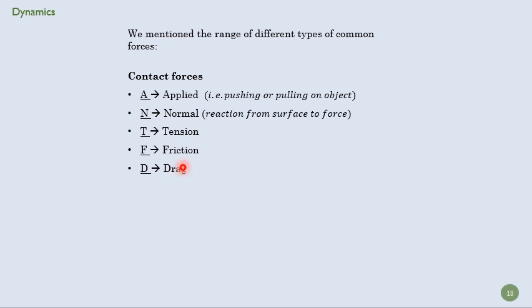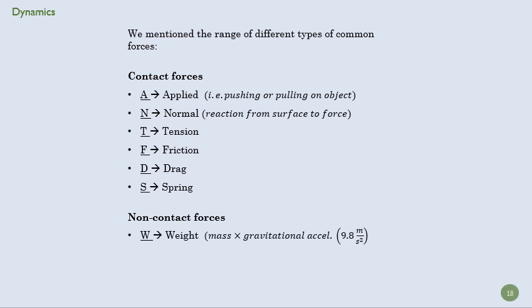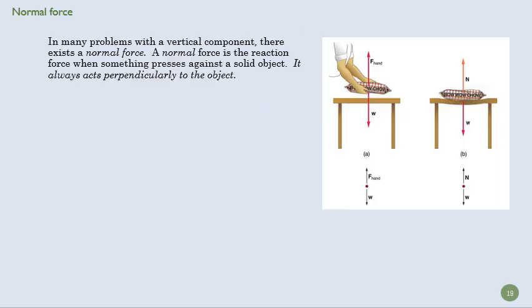These all involve contact between one object and another material. In this case, that material is water or air, but it's still a material. And then we have spring forces. And then we have a set of non-contact forces, such as weight force and electromagnetic force. We'll deal with this in 152. Everything else we'll talk about here today or have already talked about.